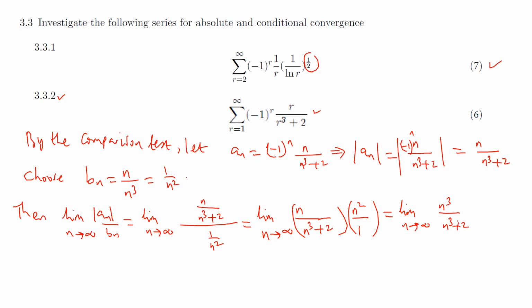Now this limit is 1 straight away, because you divide the top by n cubed, you divide this one by n cubed, and this over n cubed.